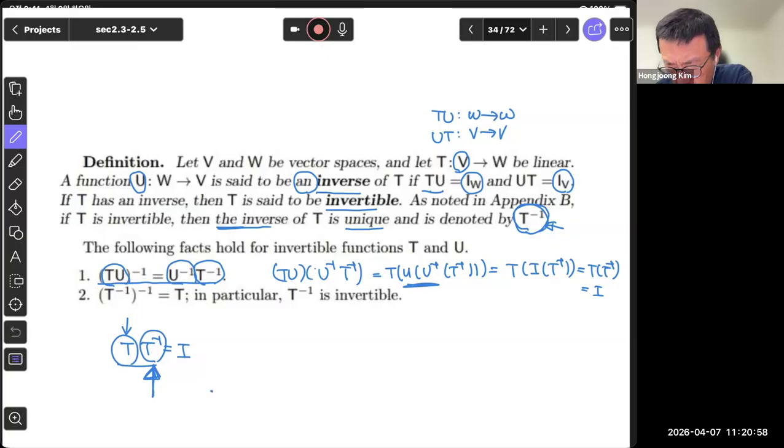So T will be the inverse of T inverse, right? And that also means T inverse is also invertible, if T is invertible.